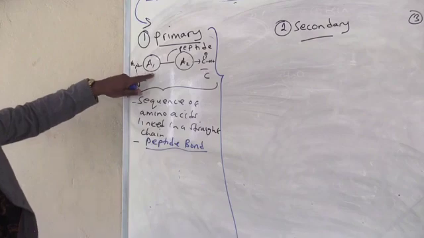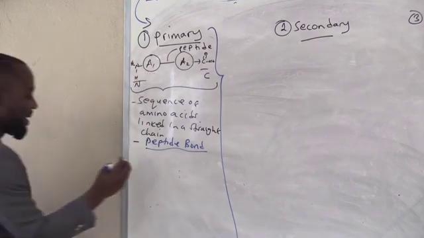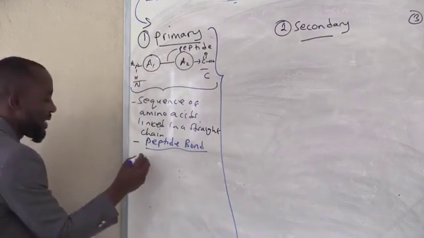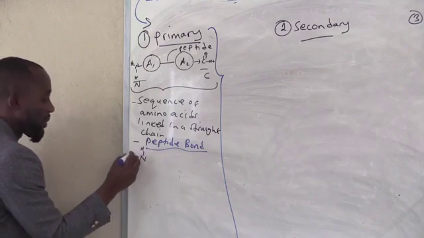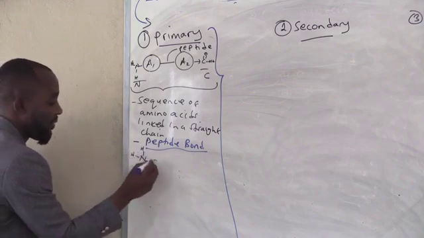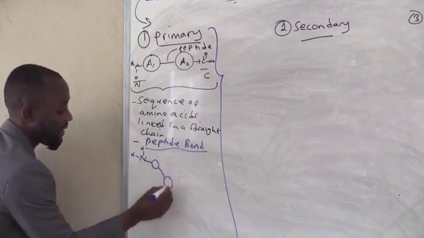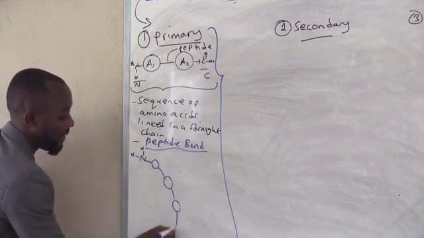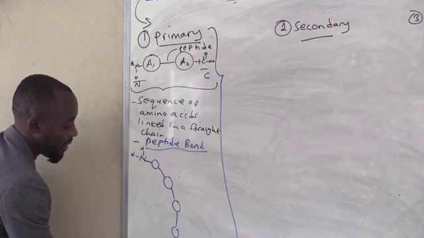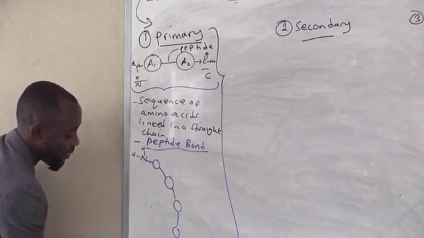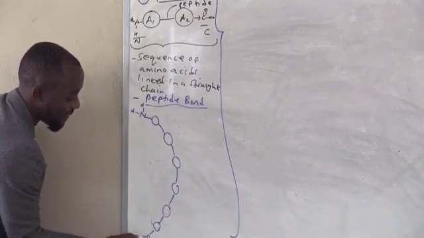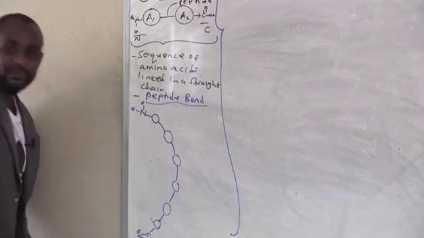If I am to use circles to demonstrate, it simply means that you started with the amino group, and we have this amino acid, the first one, linking to another one, linking to another one, linking to the other, until at the end, what you have is the carboxyl group.